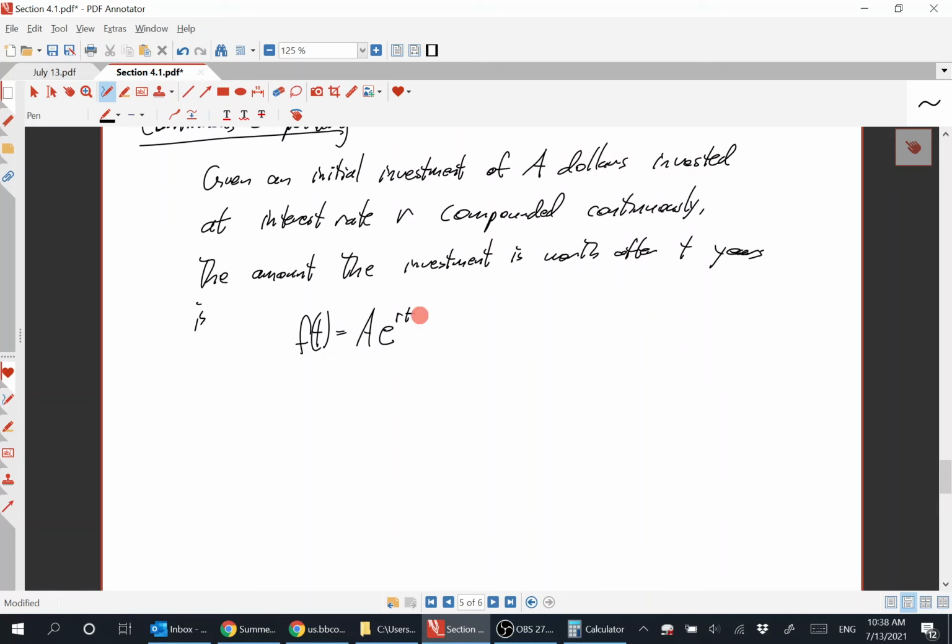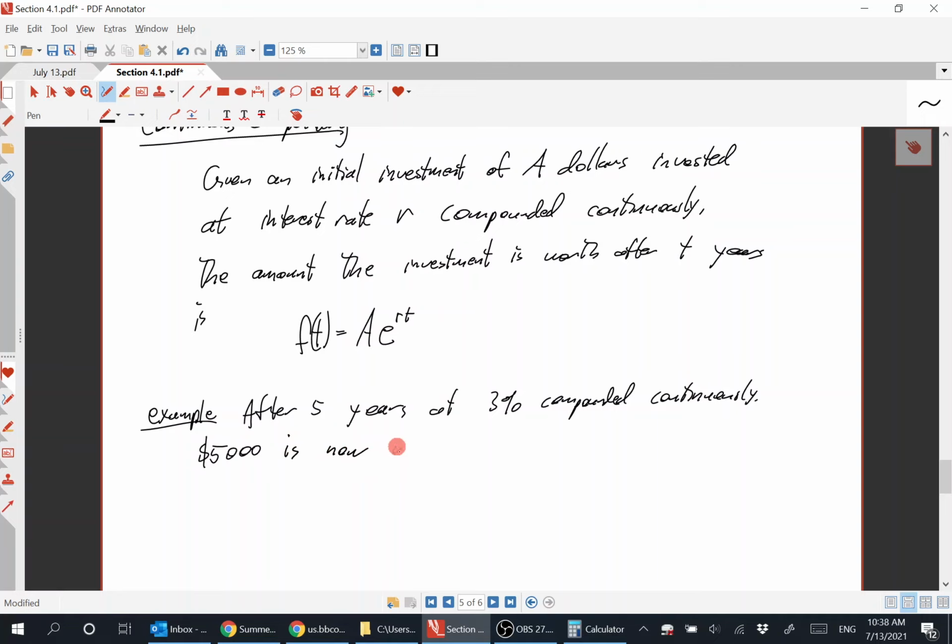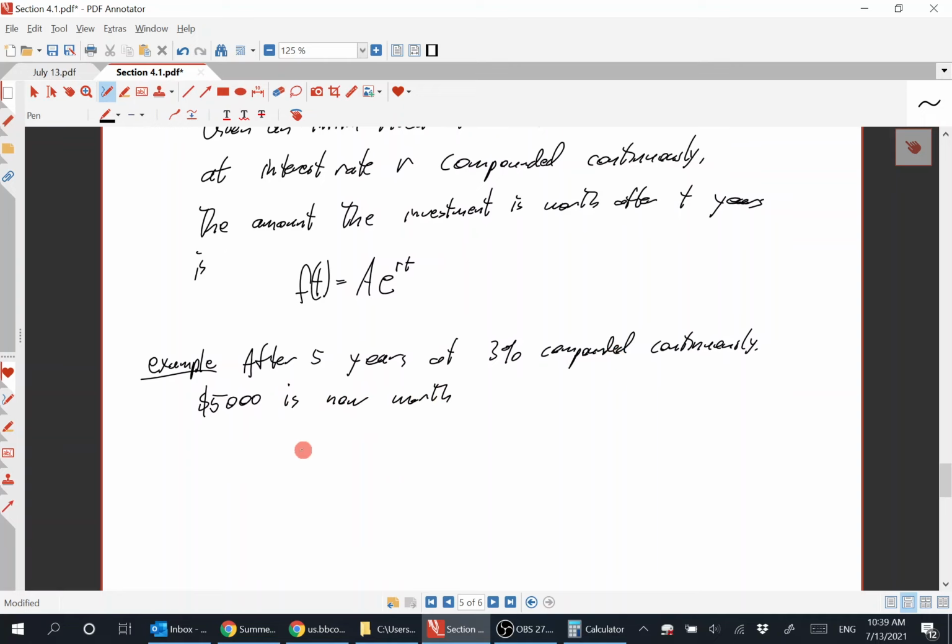So, for example, after 5 years at 3% compounded continuously, $5,000 is worth F of 5 is equal to 5,000 times E to the 0.03 T, like that.